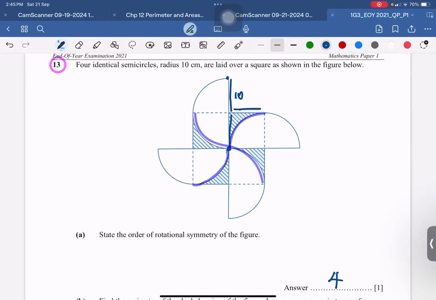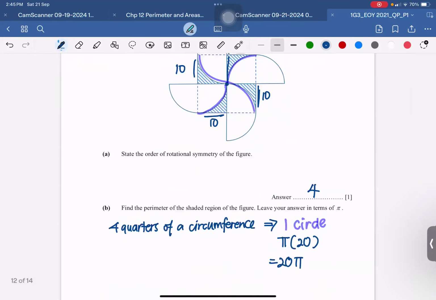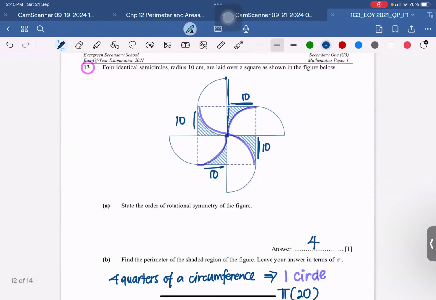I need to add 10 cm, 10, 10, 10, and 10. So that will be a total of 40. No, not only that. 1, 2, 3, 4 plus 5.